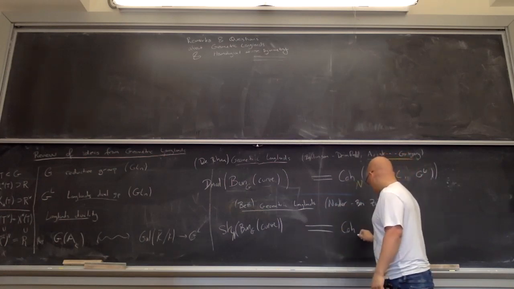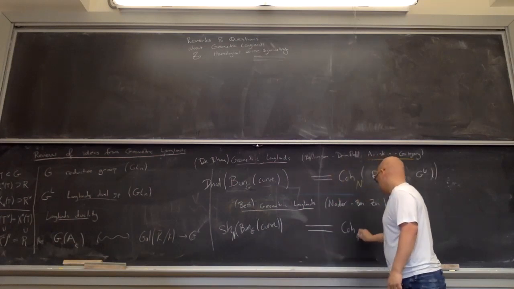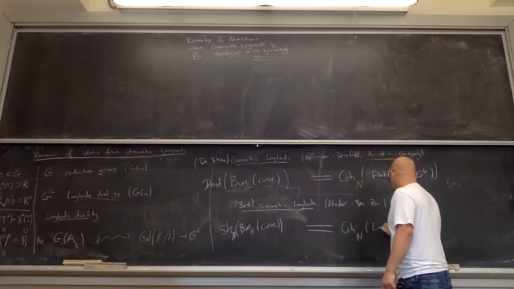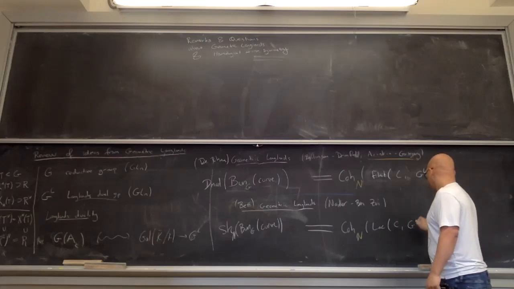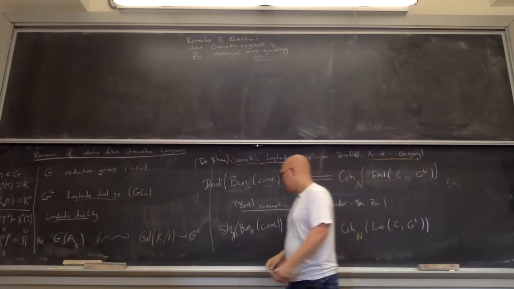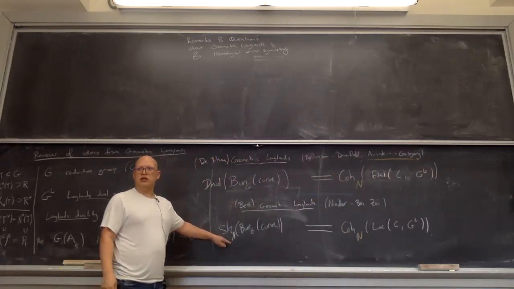So this co again, the same N. And now you put the thing I wrote before, actually representations of pi 1. Okay, so it's this version which I want to talk about.